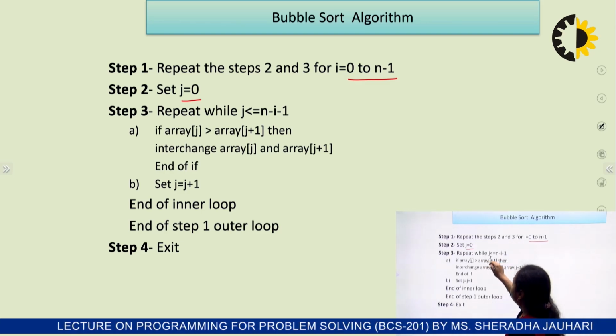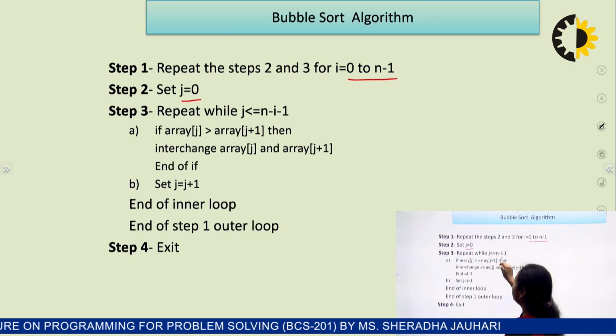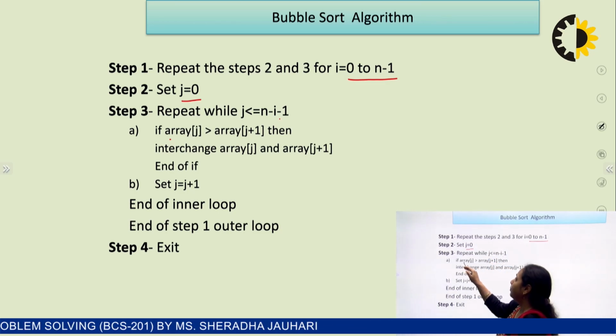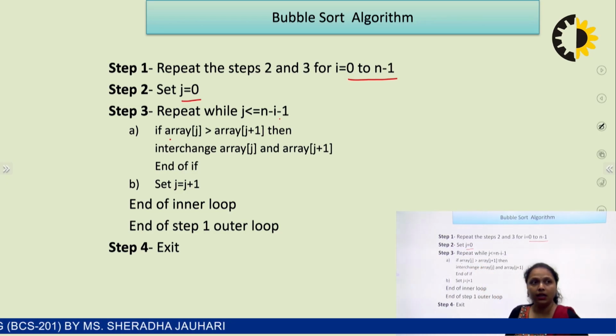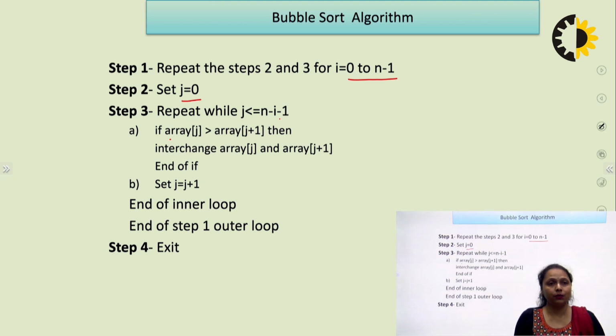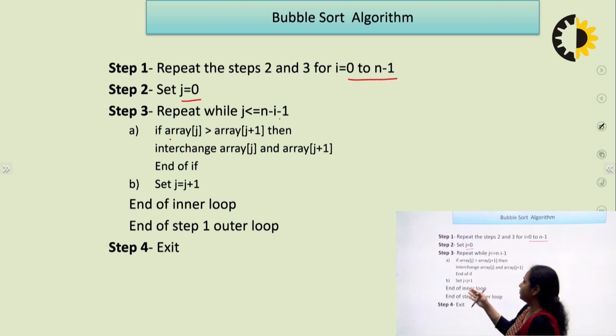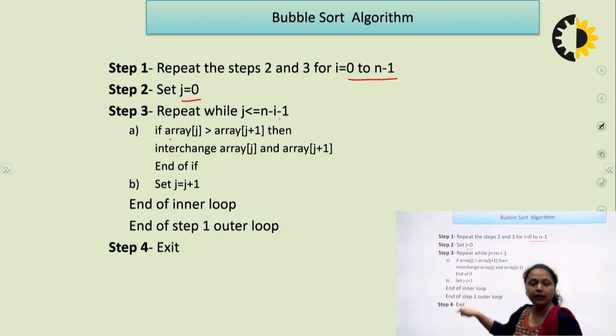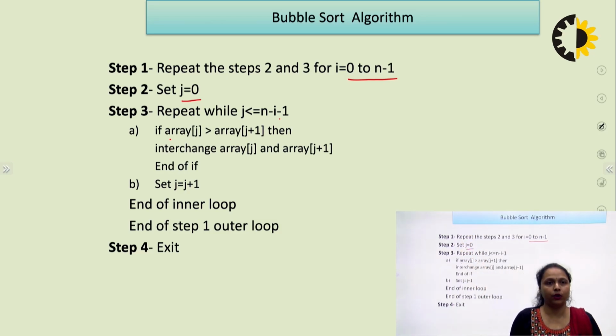Until j is less than or equal to n minus i minus 1, we compare a[j] and a[j plus 1], and if this condition is true, we swap the elements. Otherwise we simply increase the j loop, and after the j loop is complete, we increase the i loop and repeat the process. We go to the second step, or second pass, or second iteration.